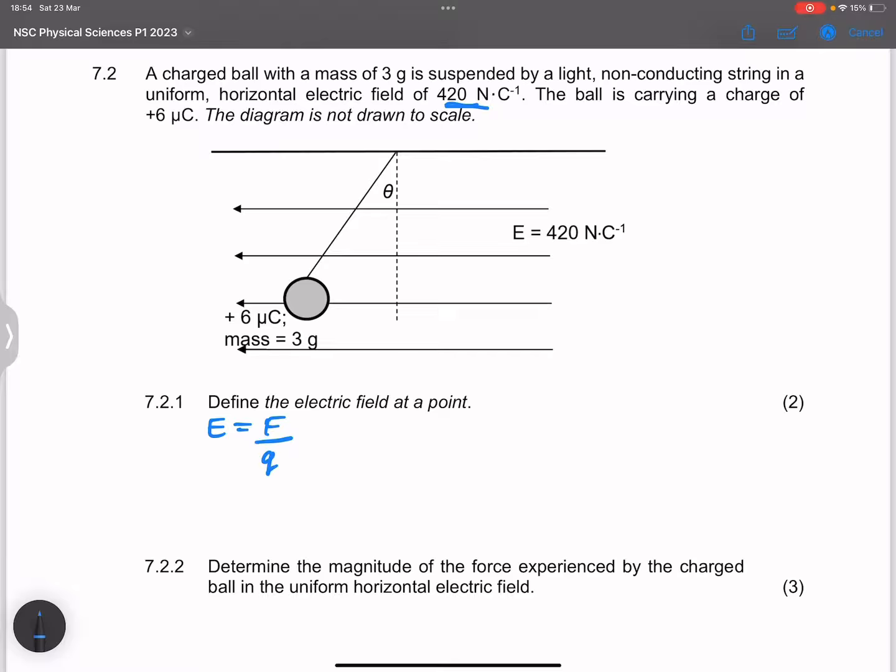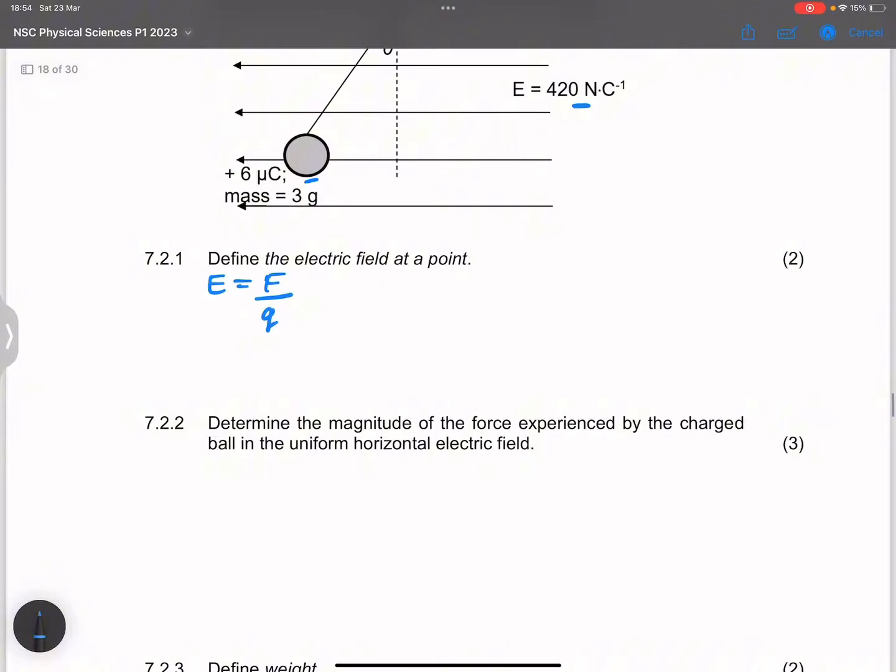Okay, so the next one, they say determine the magnitude of the force experienced by the charged ball in the uniform horizontal electric field. Now I want you to please note, in this case we've got the magnitude of the field, we've got the charge of the ball.